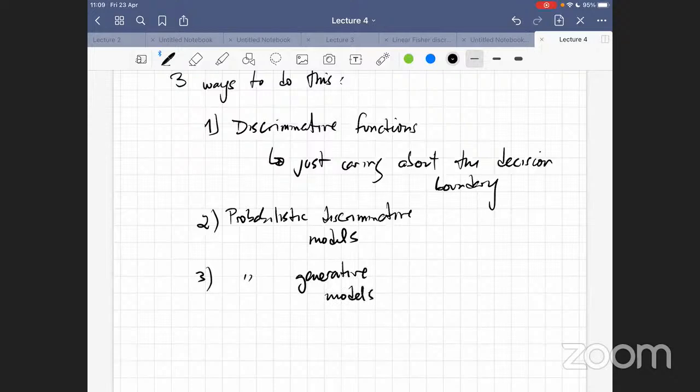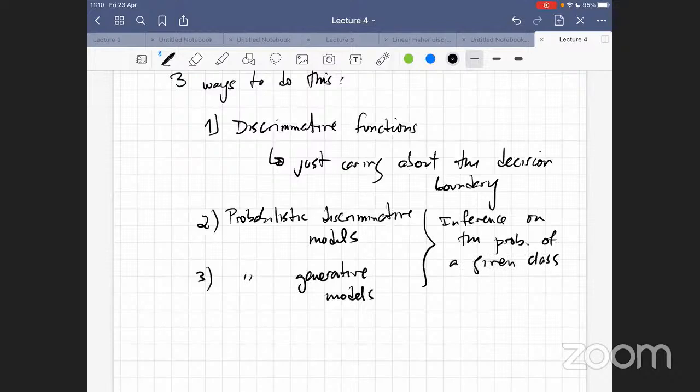In each of these two families of models, the idea is to make a statistical inference on the probability of a given class, given some input.